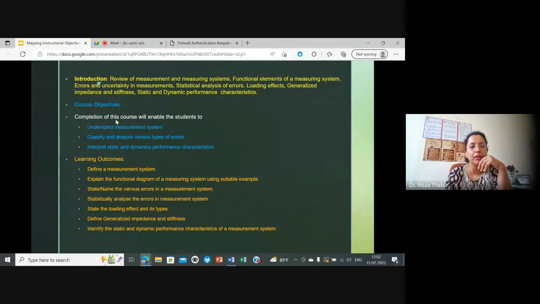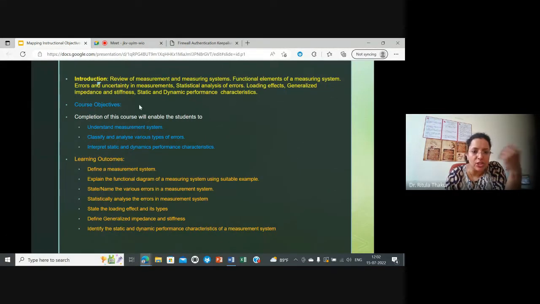For example, this is the introduction chapter, in which various topics are there: review of measurement and measuring systems, functional elements of a measuring system, error and uncertainty in measurement, statistical analysis of errors, loading effect, generalized impedance and stiffness, static and dynamic performance characteristics. You can make more learning outcomes out of these course objectives.